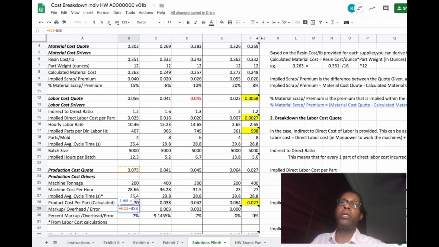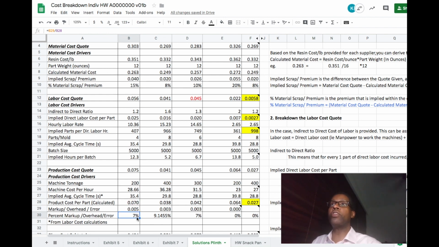And now where could this be? Well, slippage in terms of how much time it takes and what have you. And then finally, this is the overhead. So overhead is going to be what was the overhead markup versus the parts, and then we see they have a 7% overhead for us just on production.